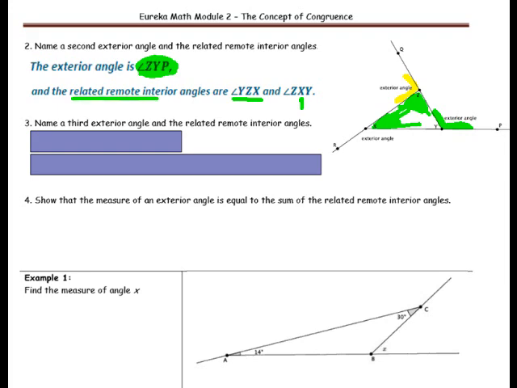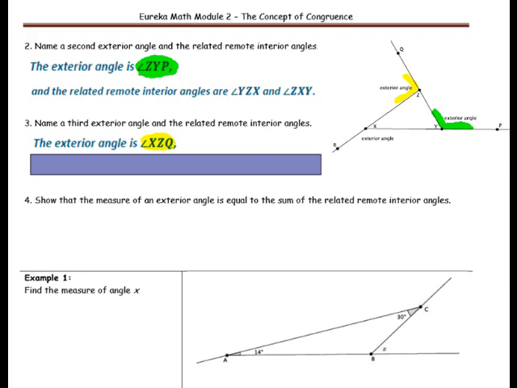If you haven't done the next question yet, go ahead, pause the video. The third exterior angle that we haven't worked with yet, that would be the yellow highlighted, and that is called XZQ. So we have XZQ, and if you called it RZQ, that would be okay.